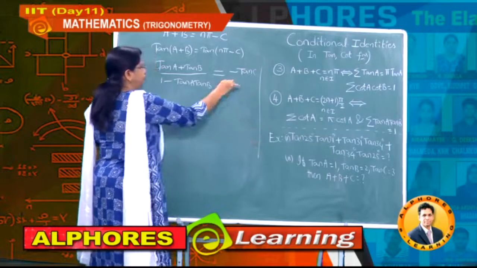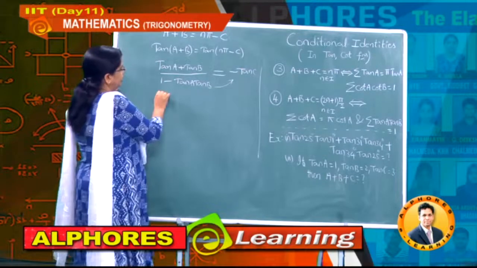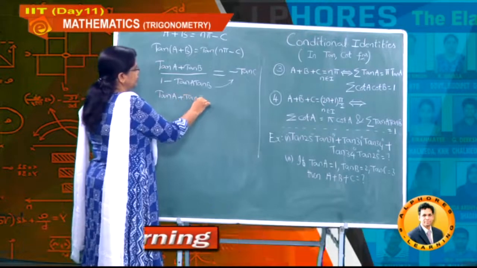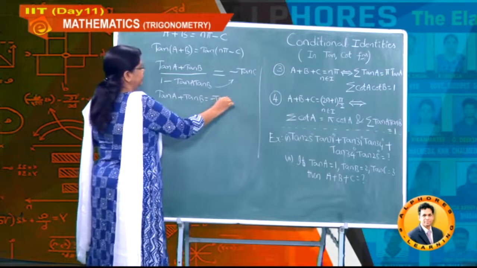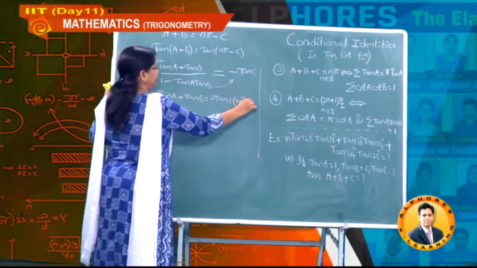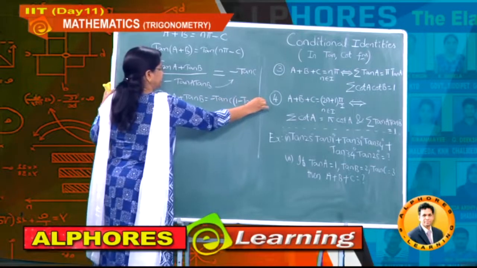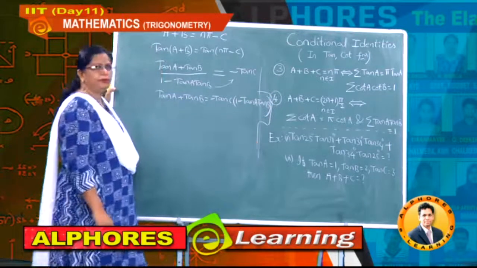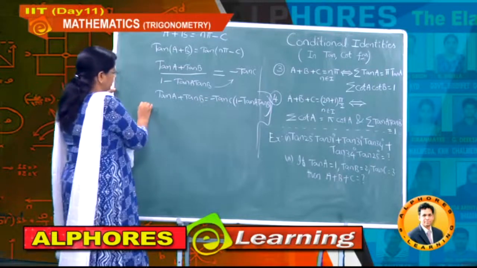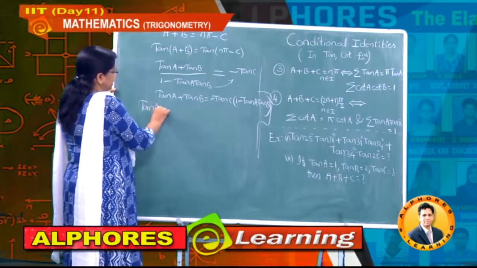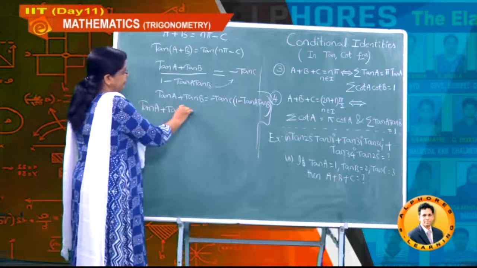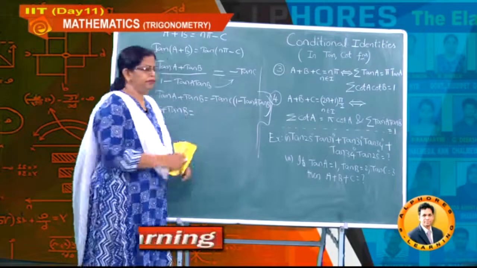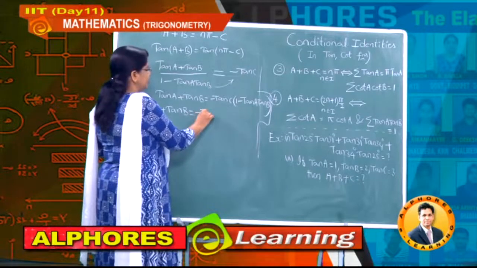Now let us do cross multiplication. Thereby tan a plus tan b equals, how much? Minus tan c into (1 minus tan a tan b). This is the value we got. Now if you multiply, it is minus tan c into 1, that is minus tan c.